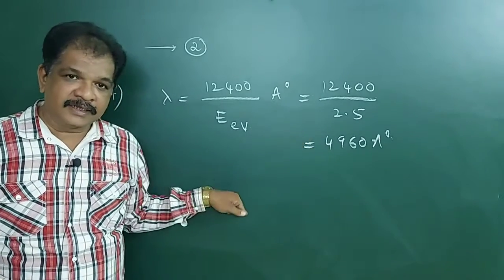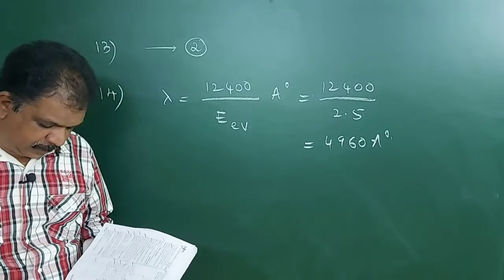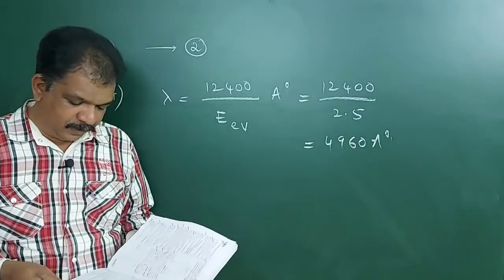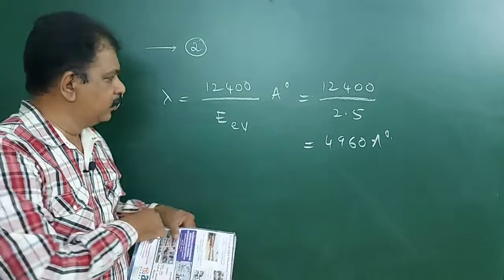So that diode will detect this wavelength or wavelengths less than that. In the given options, the value less than that will be the third option.